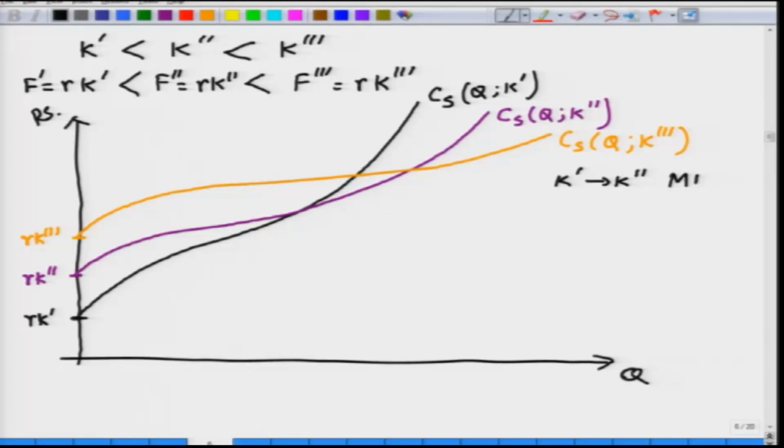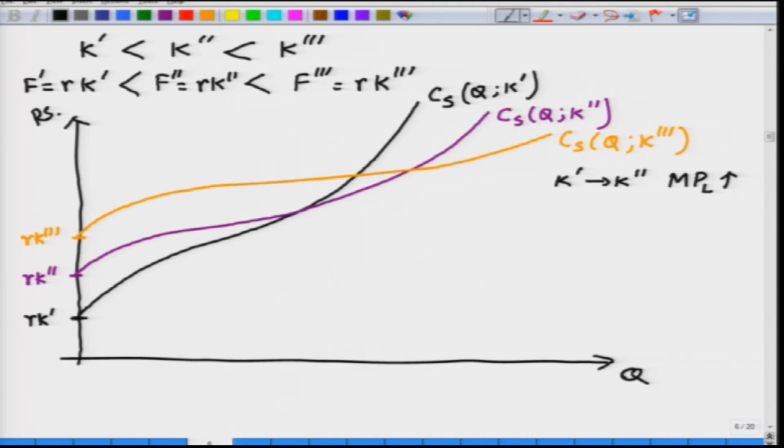So, as my level of capital increases from k prime to k double prime, the amount of goods and services produced also increases. In particular, labor becomes more productive, which means the marginal product of labor increases. So, as I move from one short run k prime to the other short run k double prime, the marginal product of labor increases.